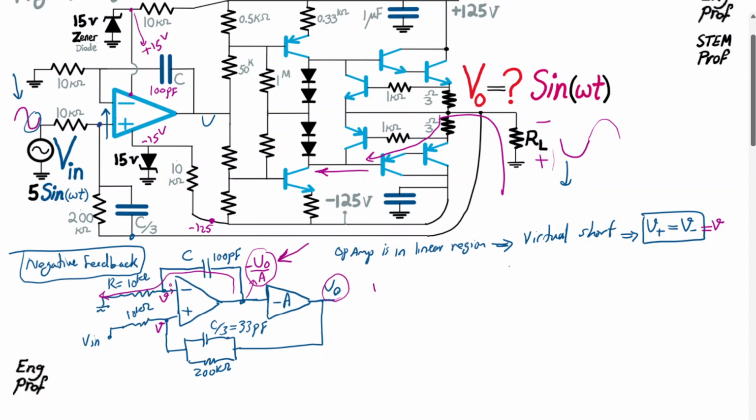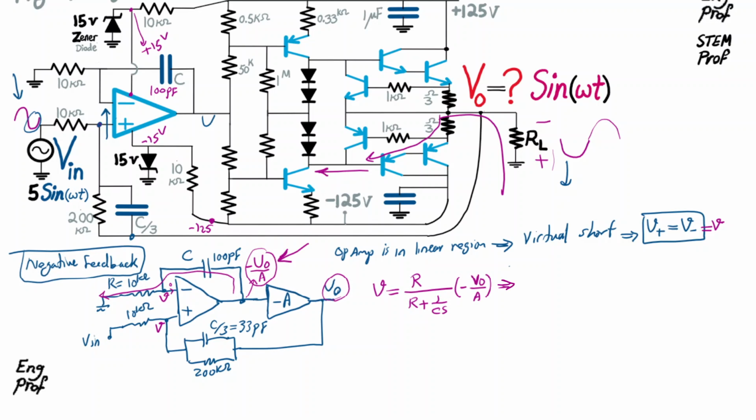So I can say V is equal to the voltage division, which is 10 kilo ohm, or R, let's say, just to simplify it, let's use R, but we know R in this example is 10 kilo ohm, and then R plus 1 over CS. And then this is multiplied by minus V out over A.